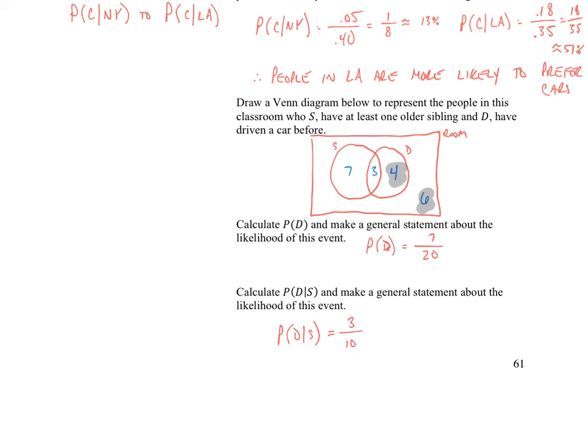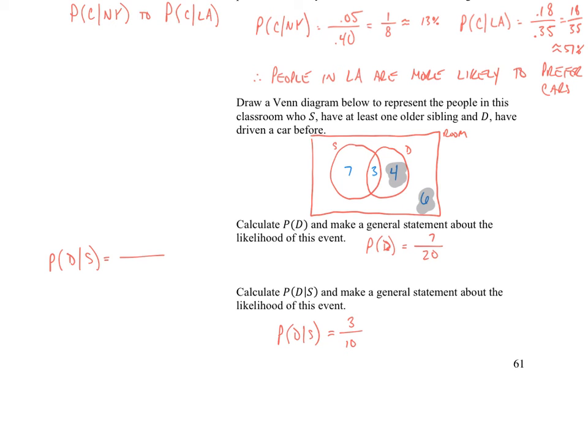So the way that we keep calculating these probabilities, it might be useful for us to tighten it up and put it into a probability formula. Anytime I do this, so in this case, when I calculated the probability of D given S, I keep following the same pattern, right?